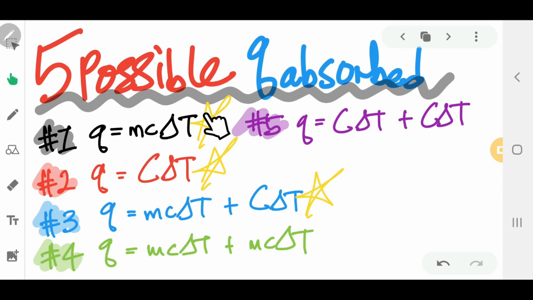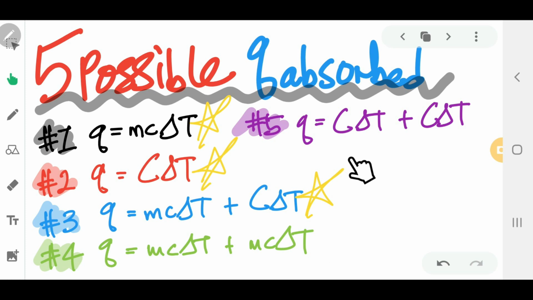But note that it is not impossible for the examiner to want you to find out this type of Q and that type of Q.